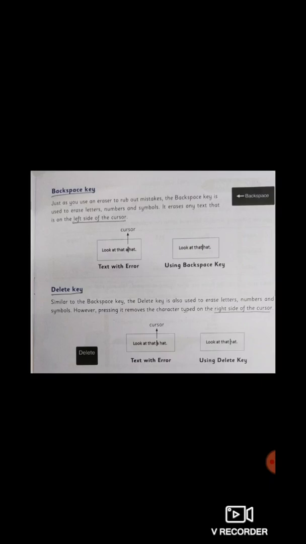See in your example, it's in the picture below. Look at that, a hat, right? This is an error that we've typed. Now the cursor is in between letter A and letter H. As soon as you press the backspace key, the letter to the left side of the cursor will be erased.